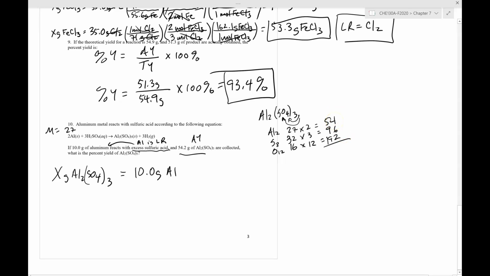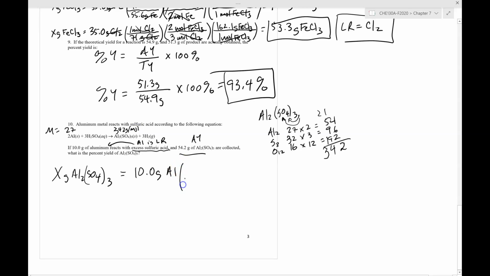I'll hit enter in a second. So 6 plus 4 is 10, 2, carry my 1. 1 and 9 is 10, 10 and 5 is 15, 15 and 9 is 24, 4, carry my 2, 342. Let's see if the calculator agrees, and the calculator agrees. Excellent. So we now know this guy is 342 grams per mole for that one.